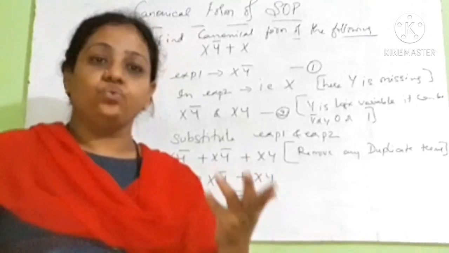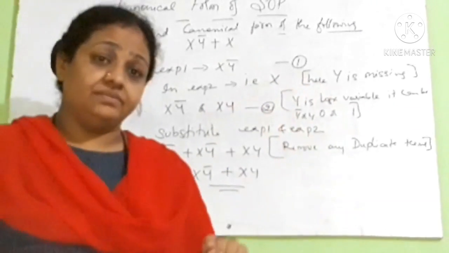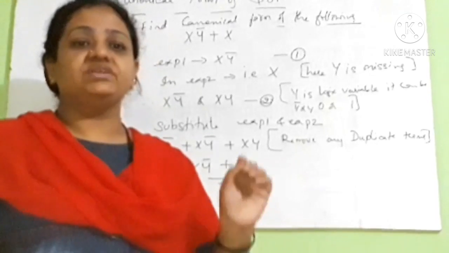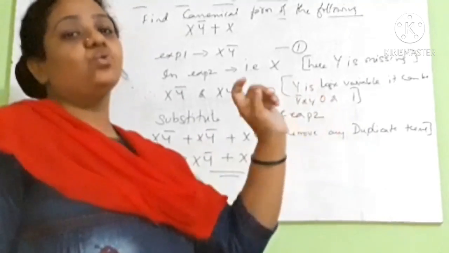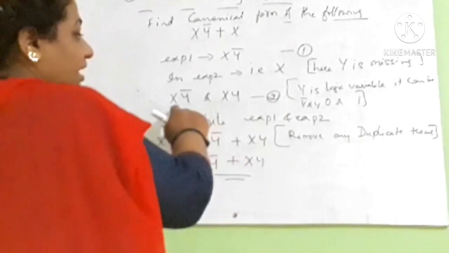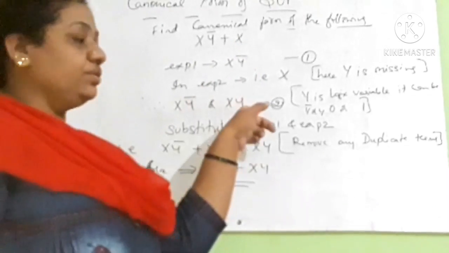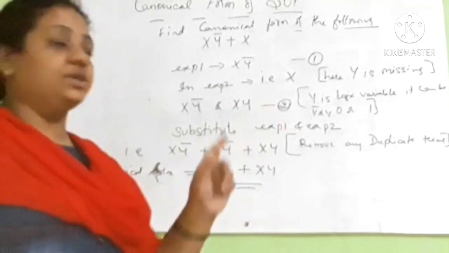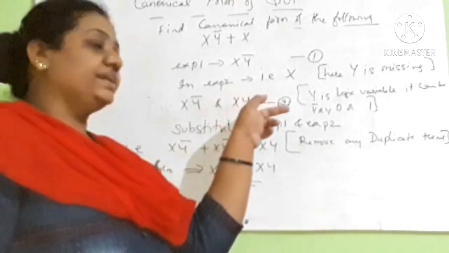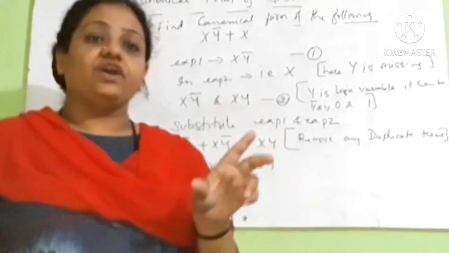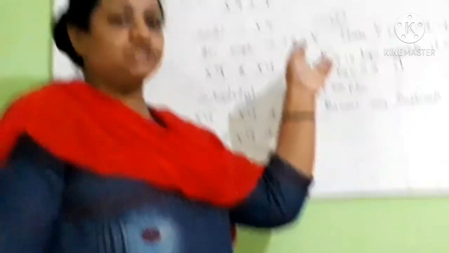Y is a logic variable, a literal, which can be 0 or 1. So y can be y bar or y. Let us substitute along with the x, y bar or y. When we join, we get x y bar or x y. Now all variables are represented in expression 2.